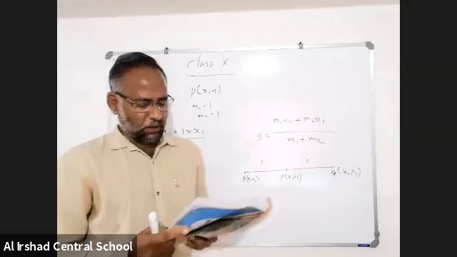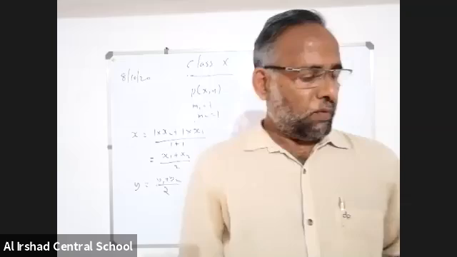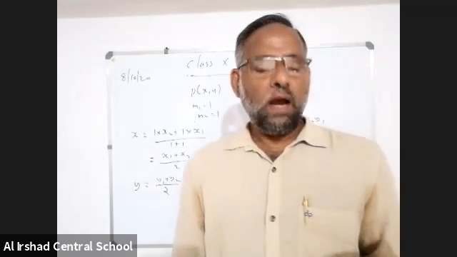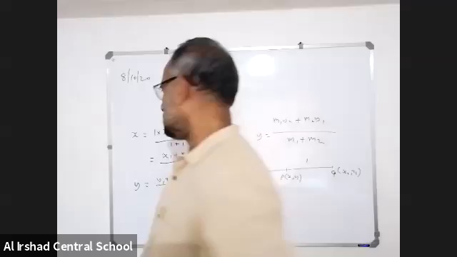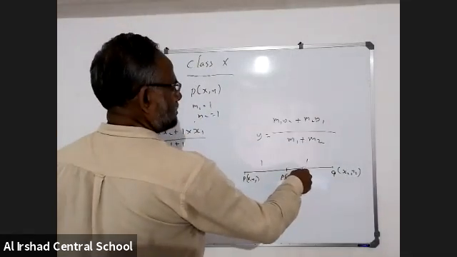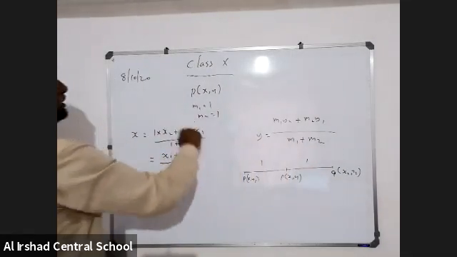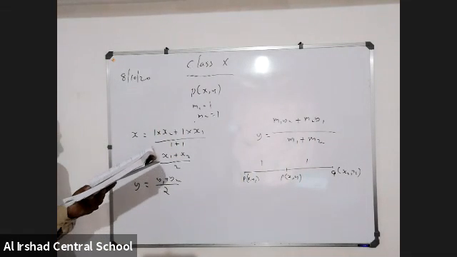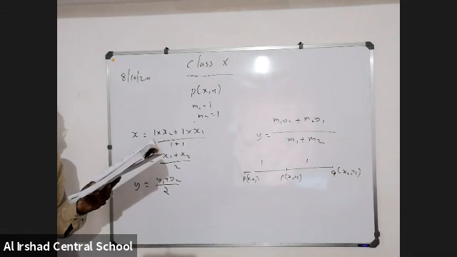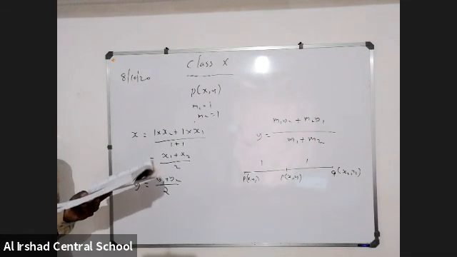The midpoint, same thing you can write. The midpoint of a line segment divides the line segment in the ratio 1:1. If you want, you can note this whole thing.